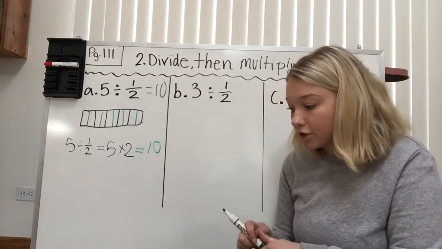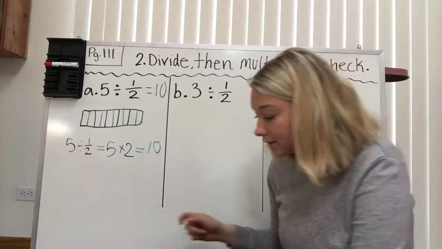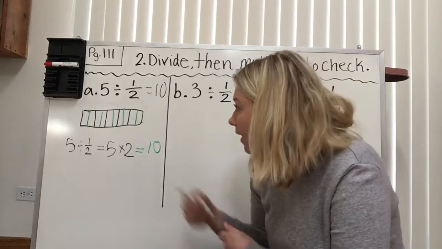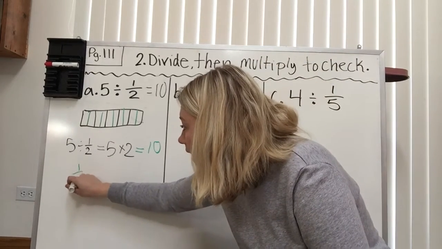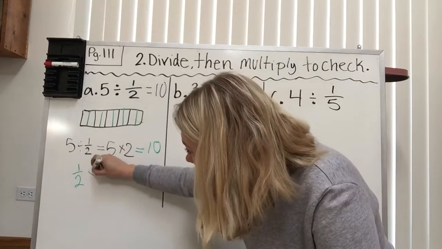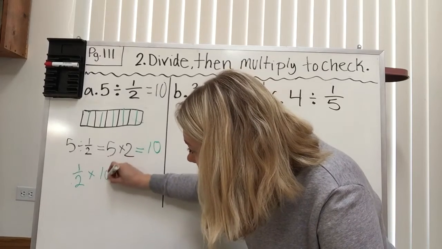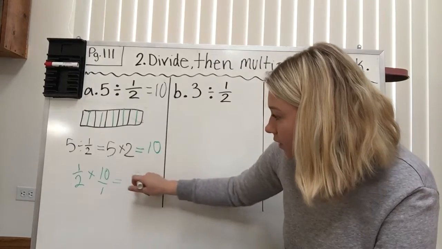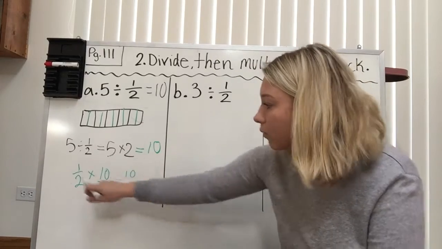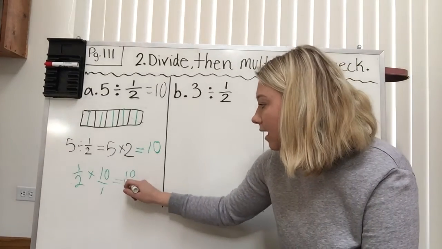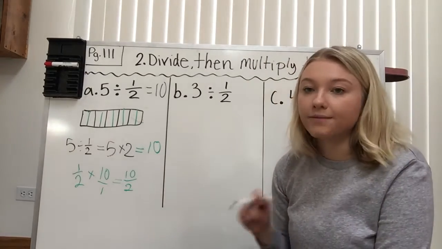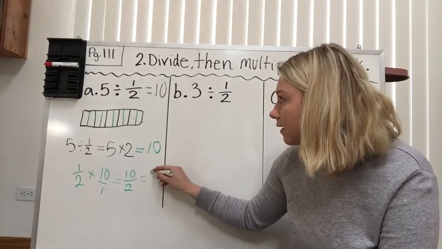We can double check by taking our second factor, which is 1/2, and multiplying it by the answer that we got, so 10, or 10 over 1, and that would equal 10, because 1 times 10 is 10, and then 2 times 1 is 2, and 10 divided by 2 is 5.